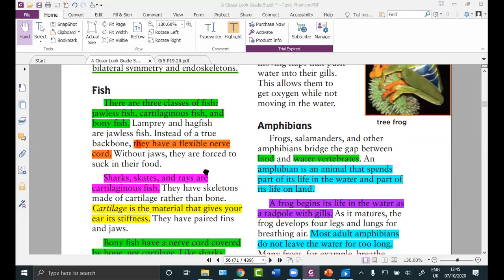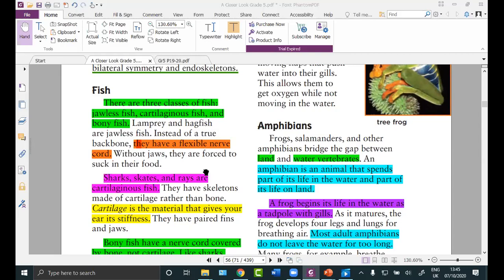Fish. There are 3 classes of fish: jawless fish, cartilaginous fish, and bony fish.